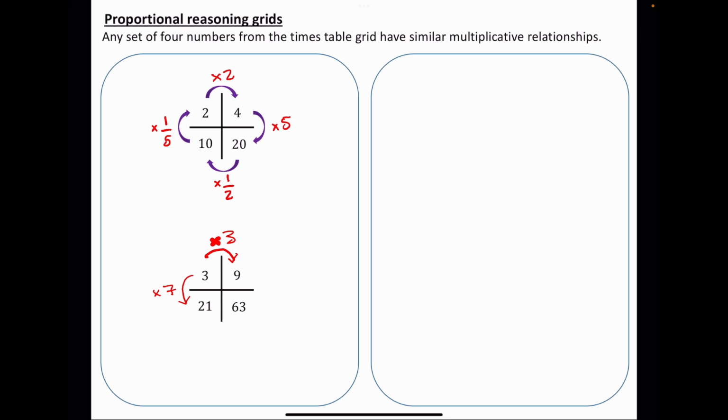Going backwards from 63 to 9, I'm timesing by 1/7, or dividing by 7. And to get from 63 to 21, I'm timesing by 1/3. So these numbers 3 and 1/3 are the reciprocals of each other. 7 and 1/7 are reciprocals of each other. So they're the easy case.